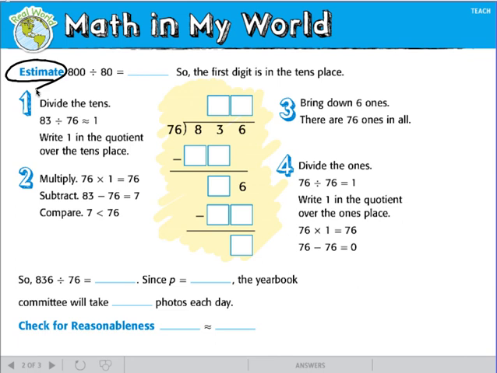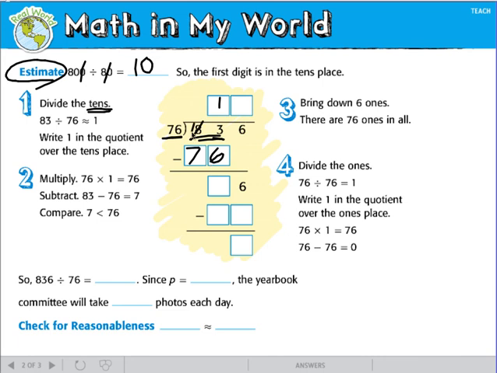So 800 divided by 80. 8 goes into 8 once, and I have a 0 left. So it should be about 10. Okay? So 76, we're going to divide the 10s first. So 76 and 83, and that's 1. Okay?